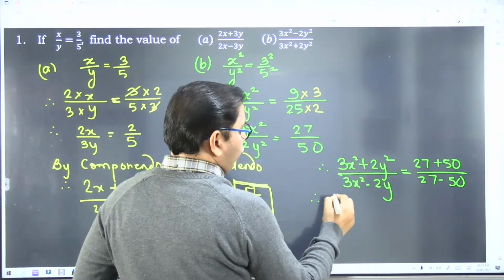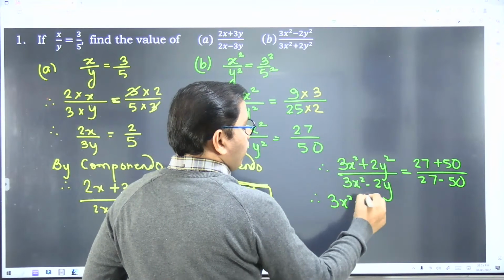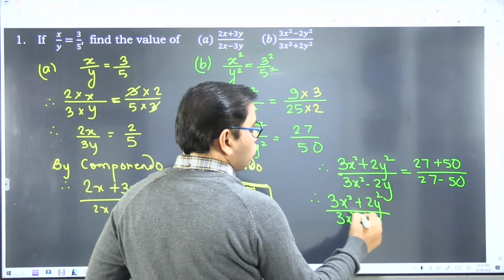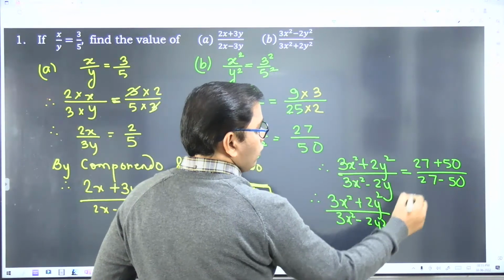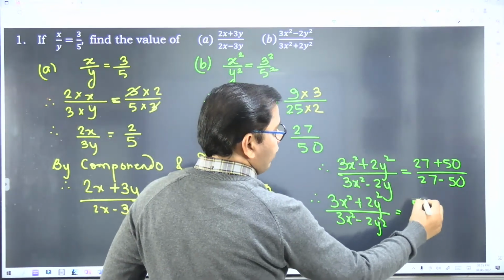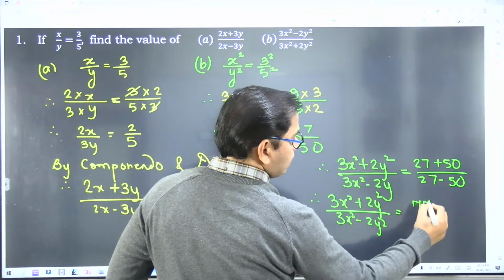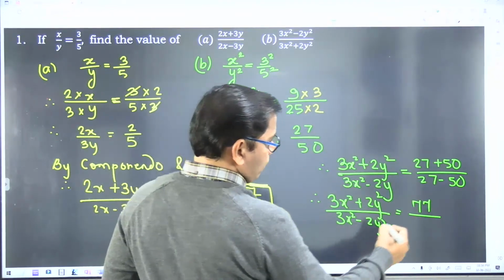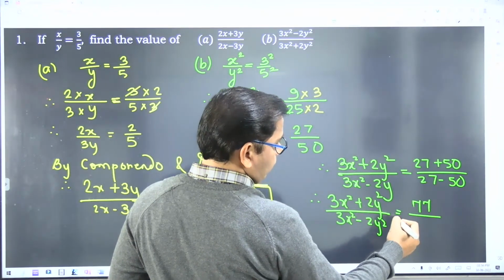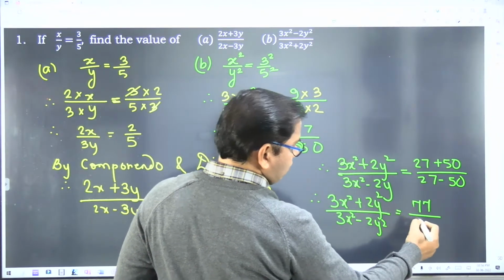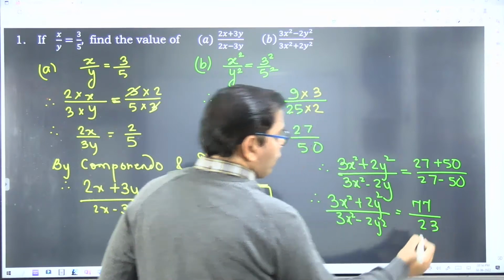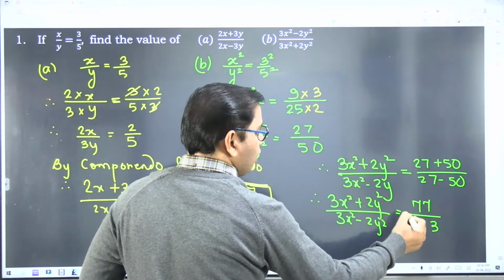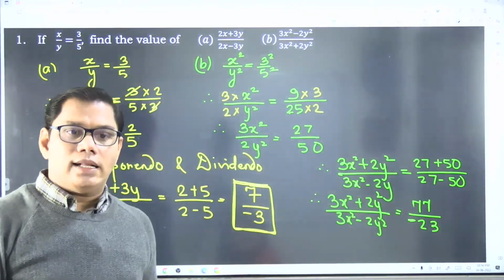Therefore, 3x square plus 2y square upon 3x square minus 2y square, how much is this? 77. And how much is this? Is it 22? No, 23. That too, the bigger number is 50, so minus.